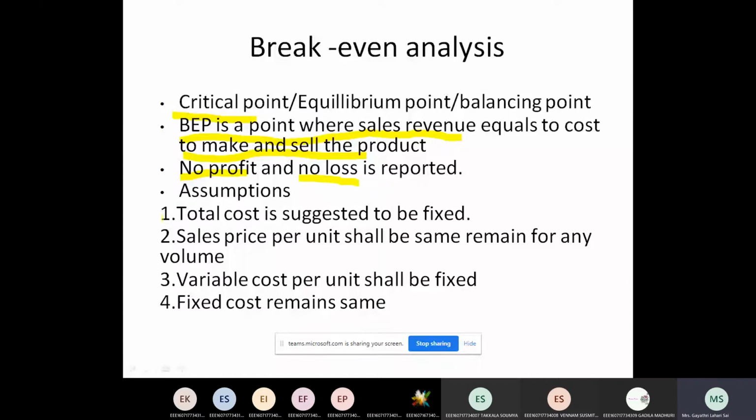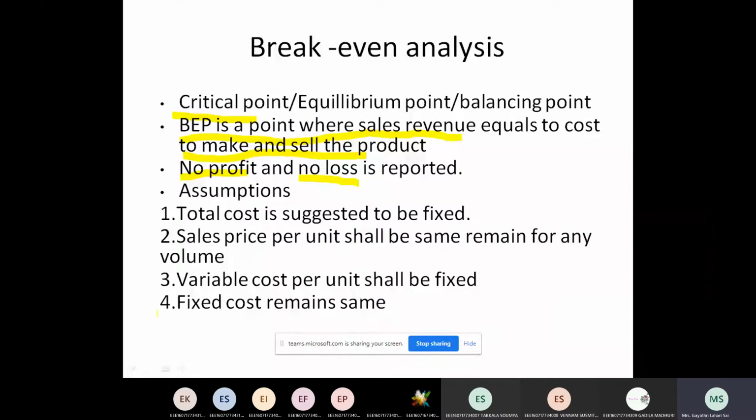In order to stand at this break even point, you need to struggle a lot, right? To do this analysis in a firm, you have four assumptions. Four assumptions must be followed if you want to do this analysis.